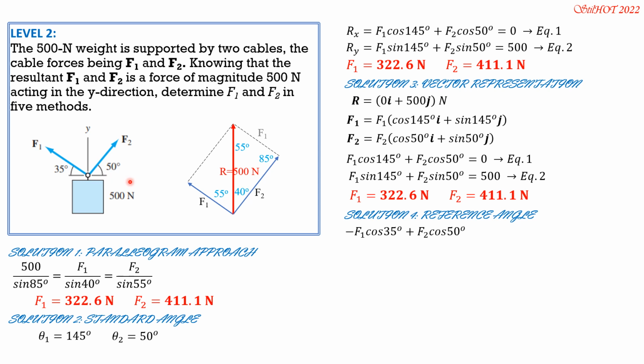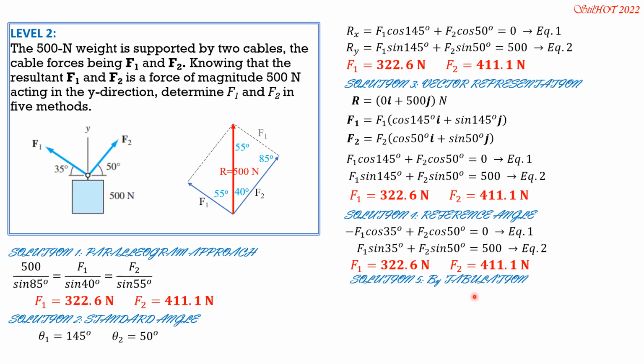F2 is to the right, so positive, F2 cosine 50, equated to Rx, which is 0. For the y component, F1 is positive, so F1 sine 35, and F2 is also positive because it is pointing upward, F2 sine 50 degrees, equals Ry, which is 500, equal to R. Solving these two equations simultaneously again will give us the same answers.